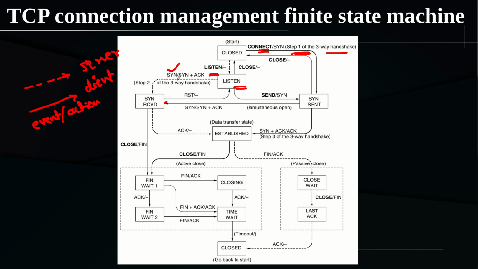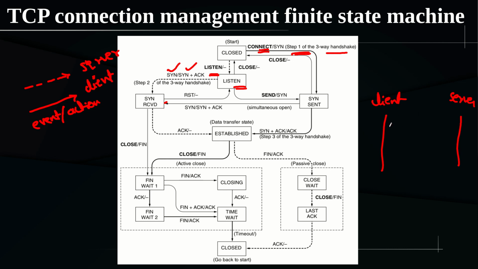At the server side, the SYN packet coming from the client is an event. As soon as a SYN packet comes, the server is supposed to reply with SYN plus acknowledgement. Hope you remember the three-way handshake. Suppose this is a client and this is a server. The server executes the listen procedure and waits for a connect request.